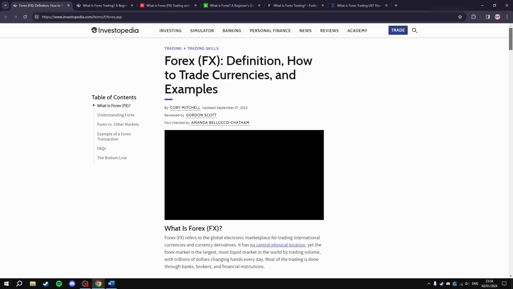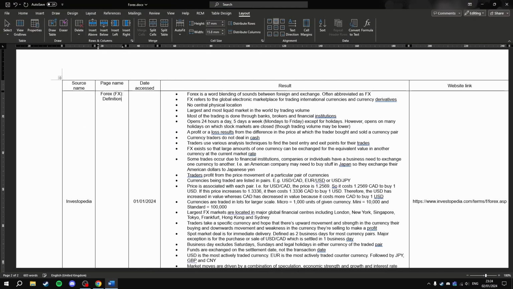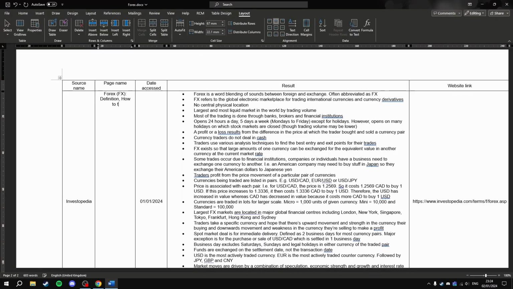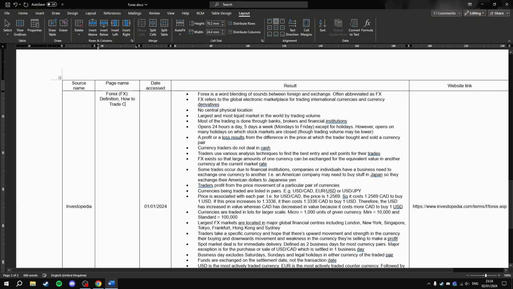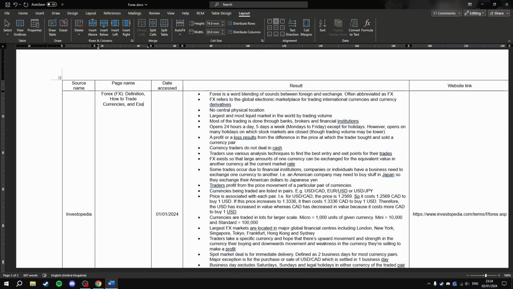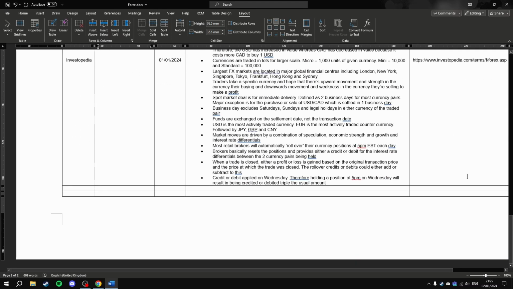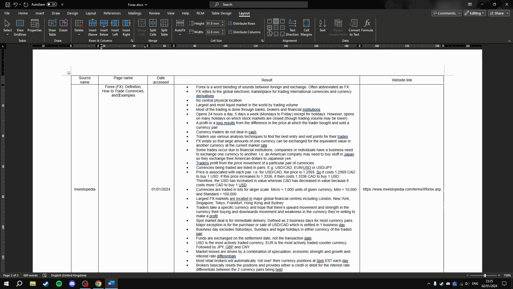This page is called Forex (FX): Definition, How to Trade Currencies and Examples. Cool, let me just center that.